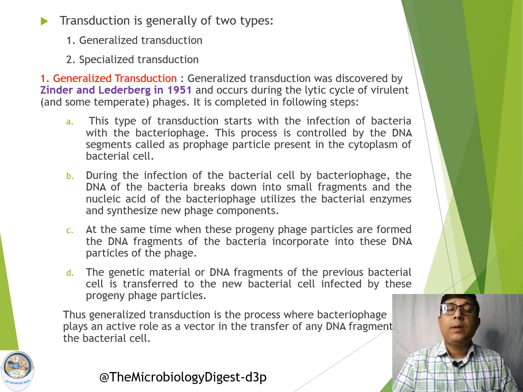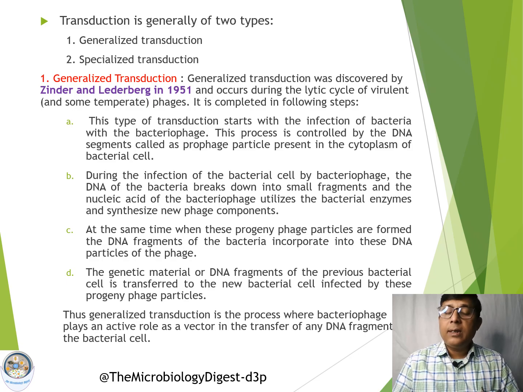So this type of transduction is called generalized transduction. Here, in this method, the main role is played by the bacteriophage, and any fragment of bacterial DNA can be transferred from one bacterial cell to another.